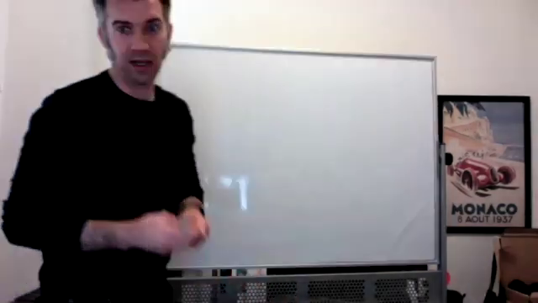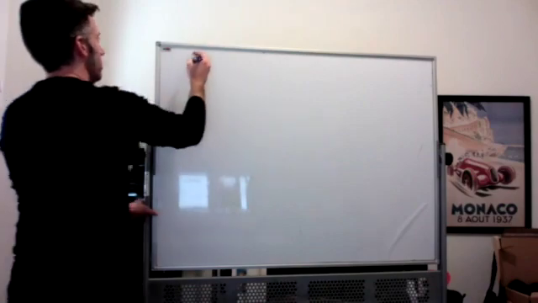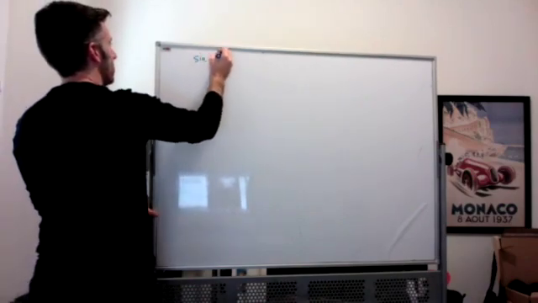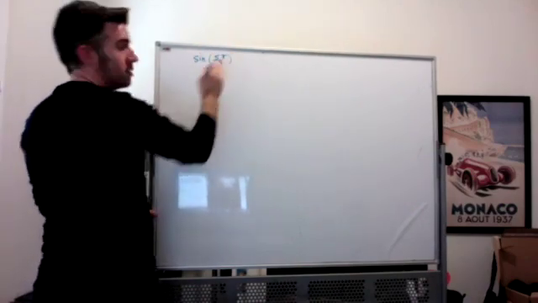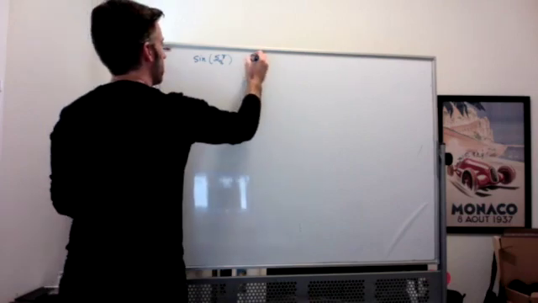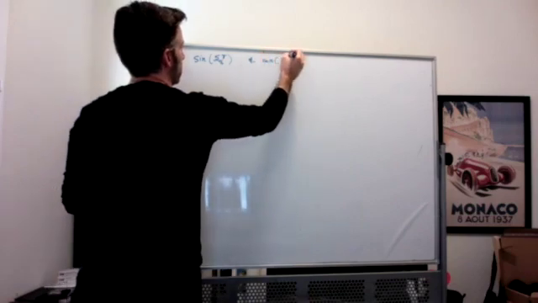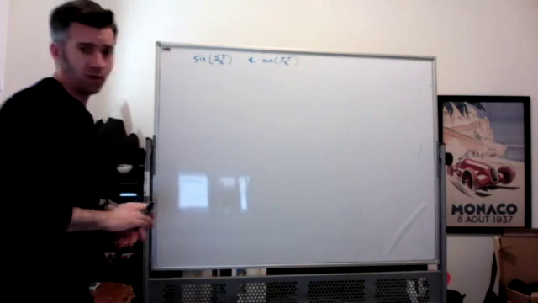So I said before, I want to find sine and cosine of 5 pi over 3. So here's what we're going to do. We're going to draw the angle.